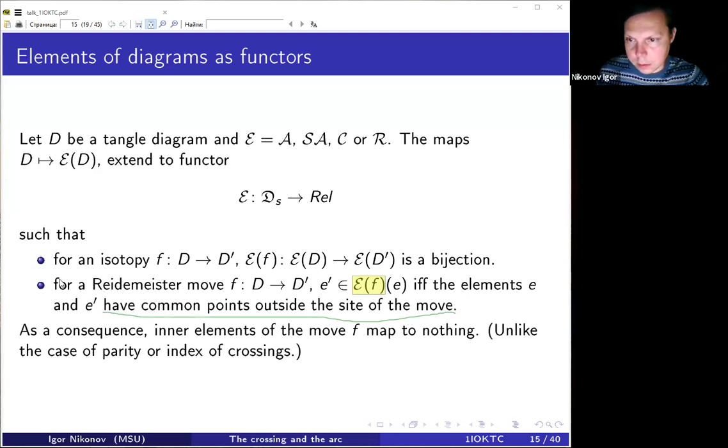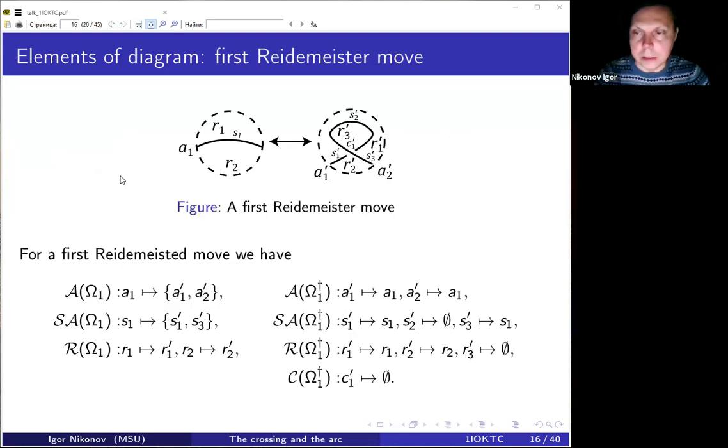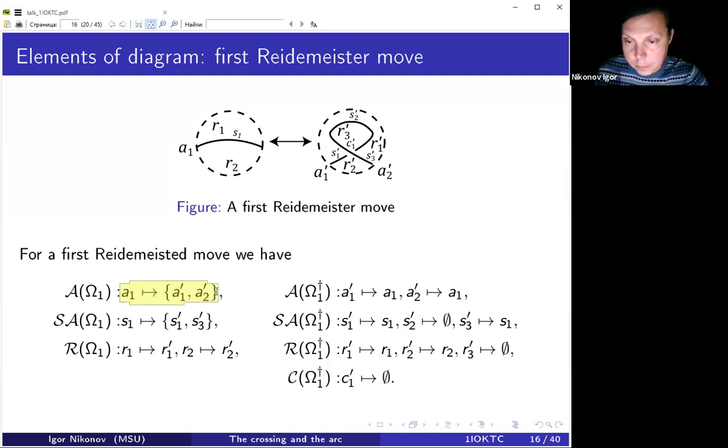Here you can see an example. Let us consider a first Reidemeister move. Originally we have one arc A, two regions, one semi-arc, and after the move, we have two arcs A prime, A1 prime, A2 prime. So this arc A corresponds to these two arcs. We have the following correspondence.